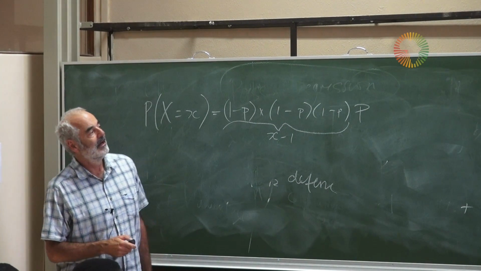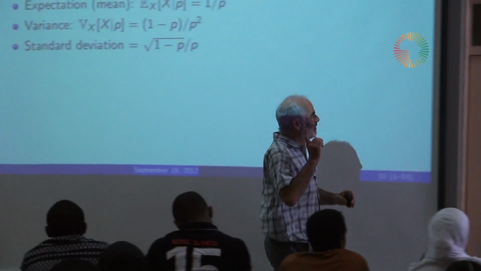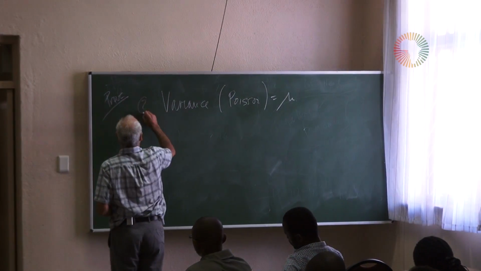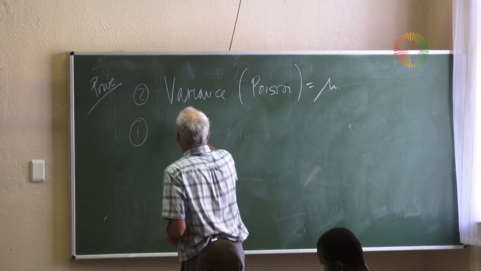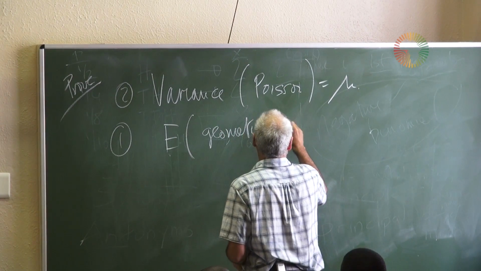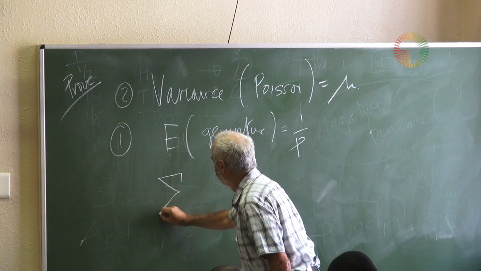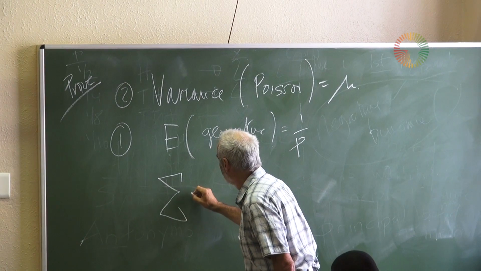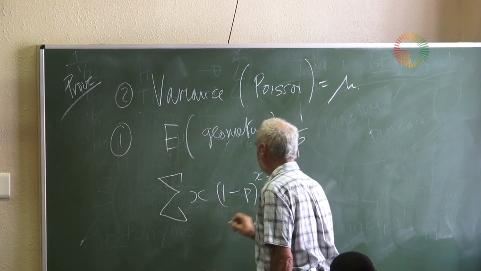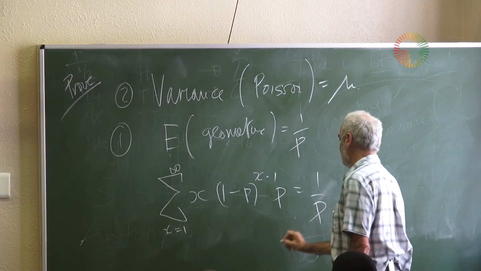Now that has expectation 1 over p. So there's your next job. Actually, this one comes first. Number 1: prove that the expectation of a geometric is 1 over p. So if you've got time, if you feel like it, prove that the sum of x times 1 minus p to the x minus 1 times p, between x equals 1 and infinity, equals 1 over p.